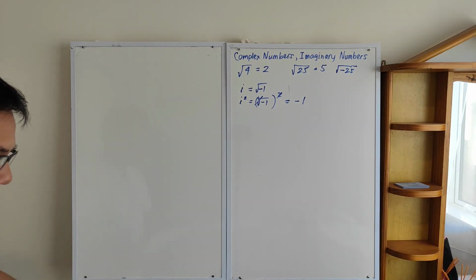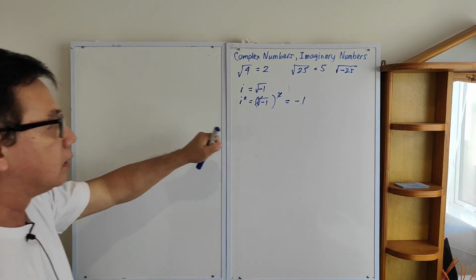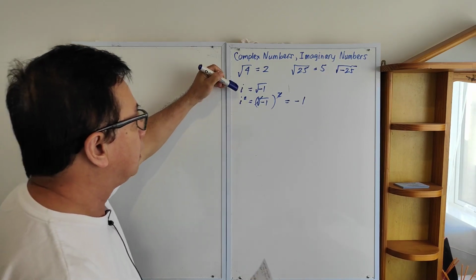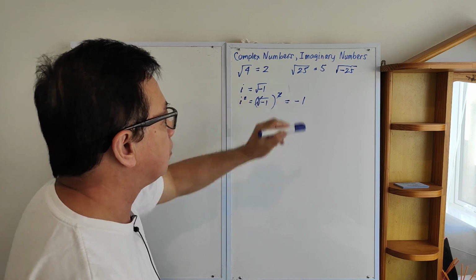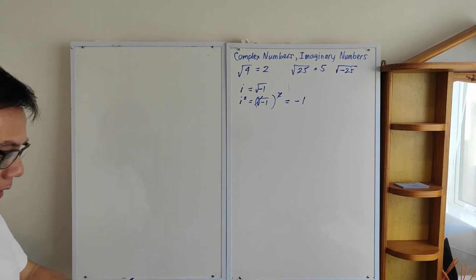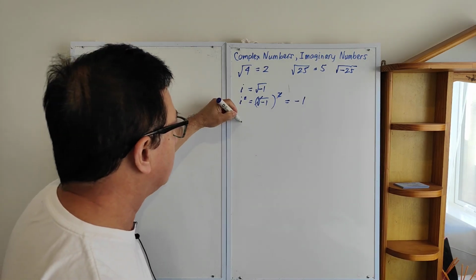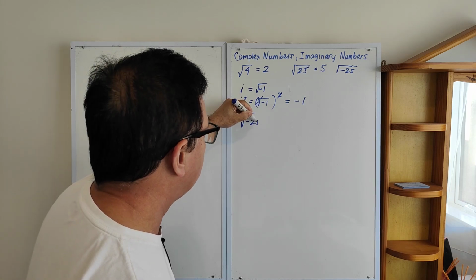So we have now i is equal to the square root of negative 1, and i squared is equal to negative 1.